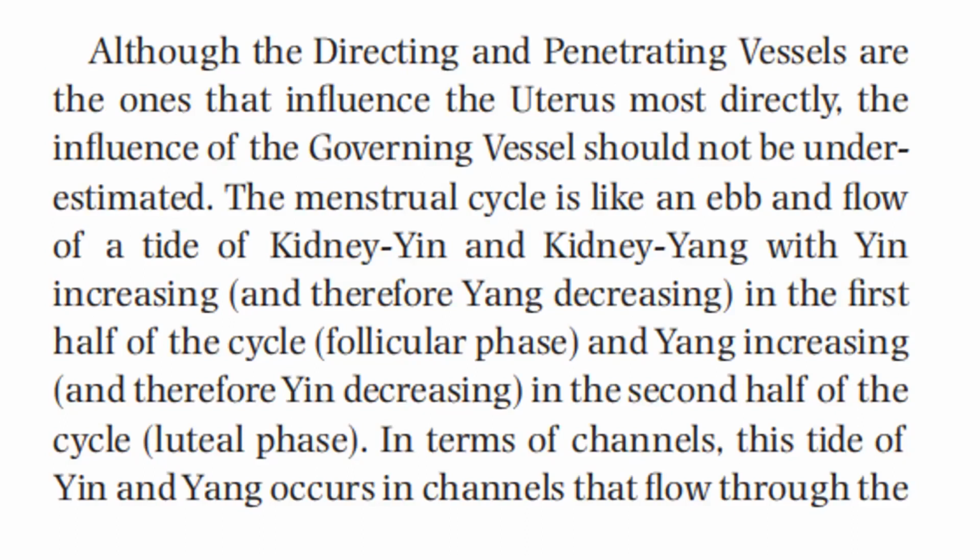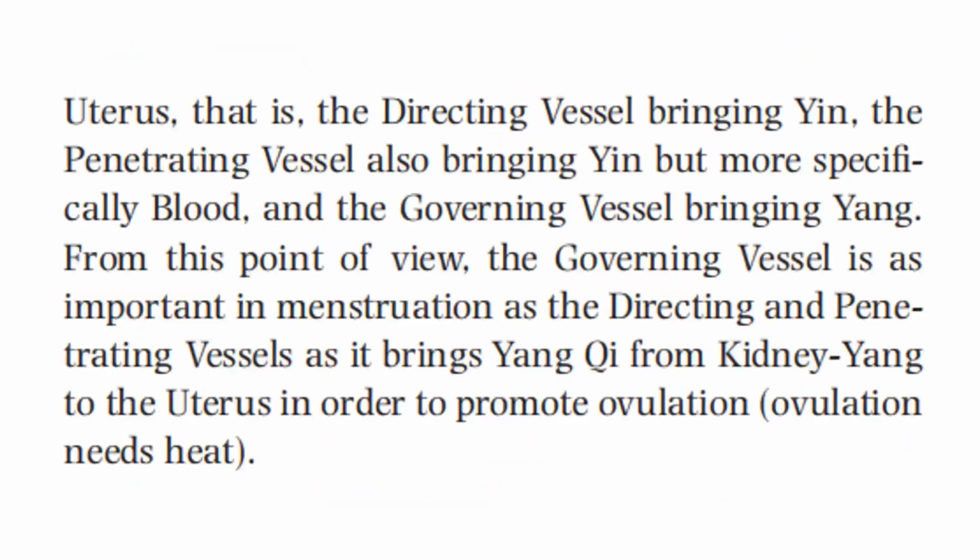The menstrual cycle is like the ebb and flow of a tide of kidney yin and kidney yang, with yin increasing and therefore yang decreasing in the first half of the cycle, the follicular phase, and yang increasing and therefore yin decreasing in the second half of the cycle, the luteal phase. In terms of channels, this tide of yin and yang occurs in channels that flow through the uterus.